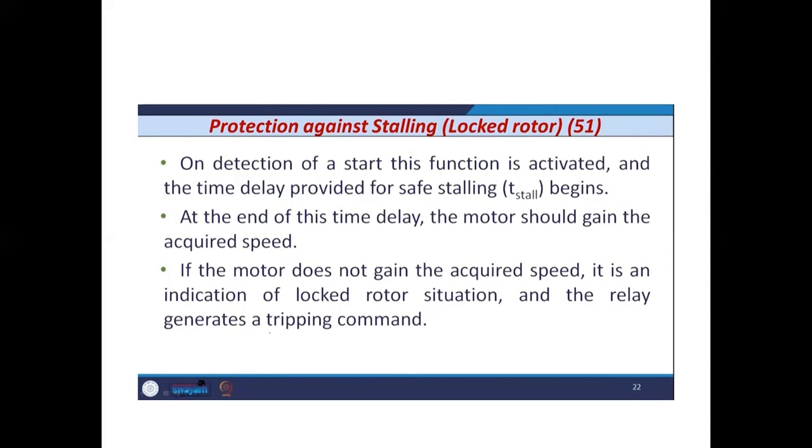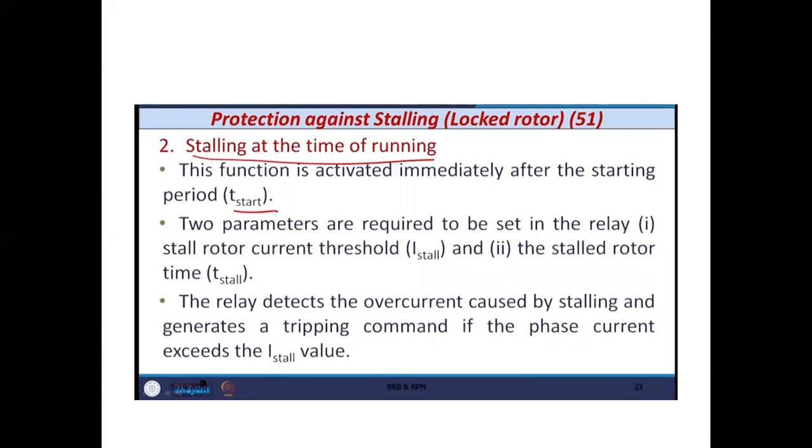The second type is the stalling protection at the time of running. This function is activated immediately after the starting period, that is T start. Two parameters are required to be set in the relay. The first is the rotor stall current threshold, that is I stall, which is normally one third or one half of the full load current of the motor.